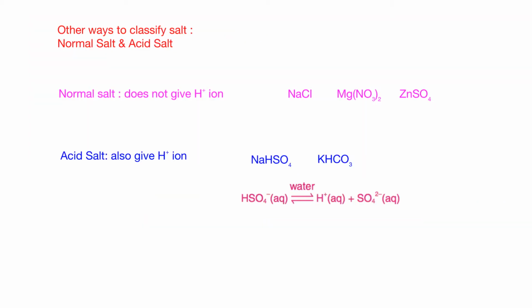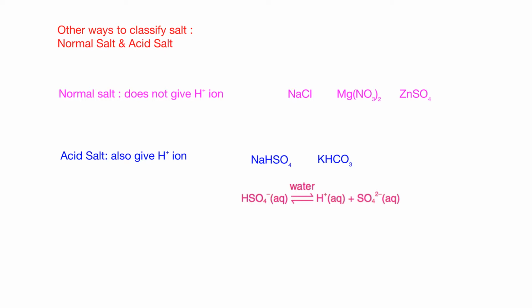But we also have other ways to classify the salt which your textbook hasn't mentioned, which will be called normal salt or acid salt. In this case, we are based on whether the salt, when it dissociates in water, gives H+ ion or not.